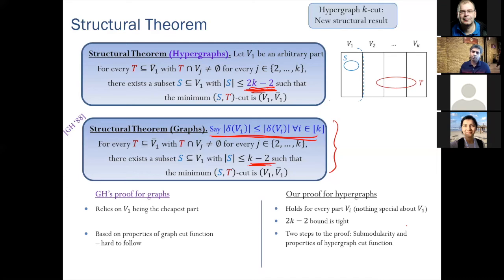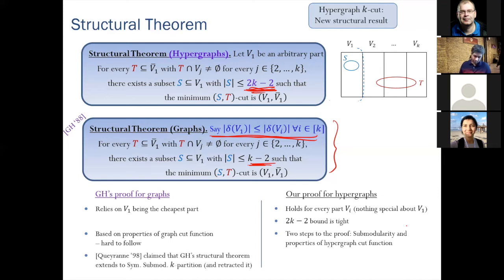The first part relies only on the submodularity of the hypergraph cut function. So in a sense, the first part holds even for general submodular functions. And if you're interested in understanding what is going on in Goldschmidt and Hochbaum's proof, I suggest seeing our proof. We have split it, so the writing style might help you interpret what is going on in their proof.